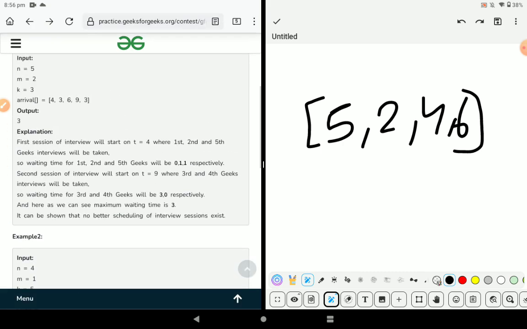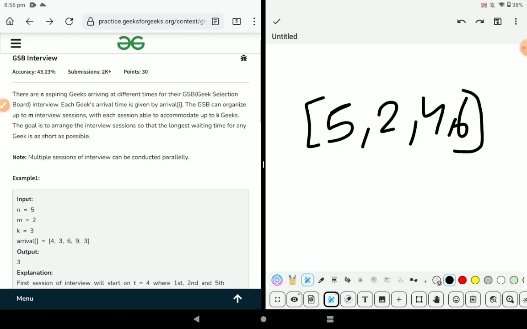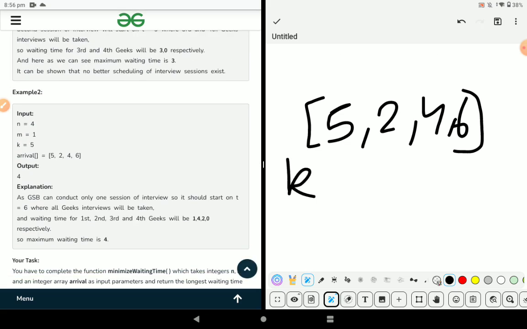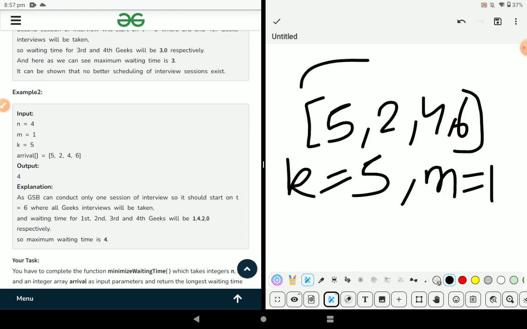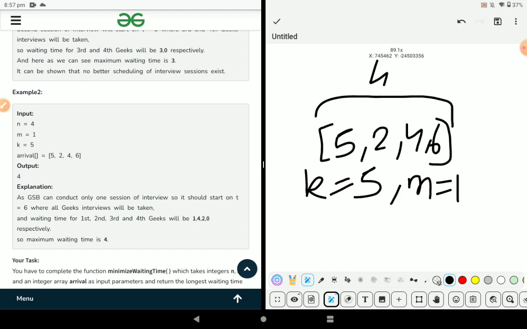Basically we have been given K, the number of geeks that can be accommodated, and M, the number of interview sessions. So K is 5, meaning 5 people can attend a single interview. We can organize only one interview, and we have a total of 4 people. So yes, in one interview all these people can come.